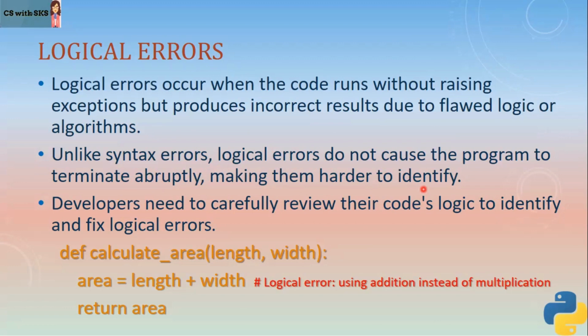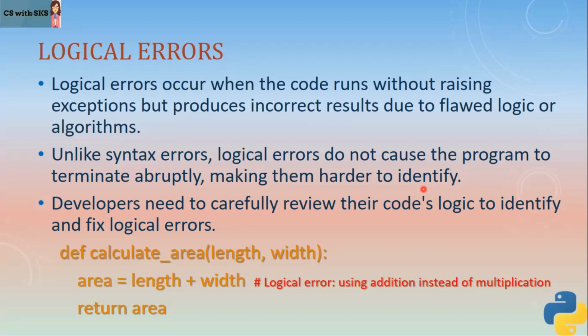For example, if you are trying to calculate average of numbers, right? However, instead of adding, you're multiplying them. And instead of dividing them with the correct number of elements, you're dividing them with incorrect elements. So your average will be incorrect.